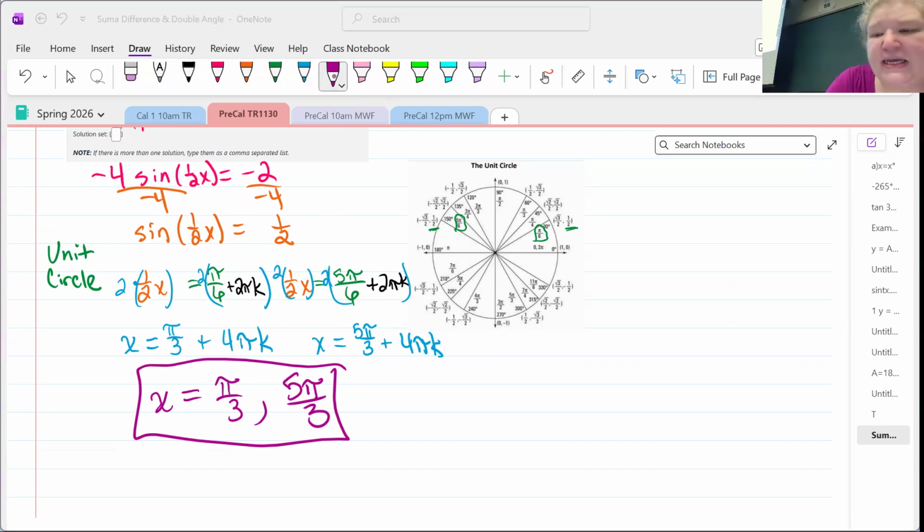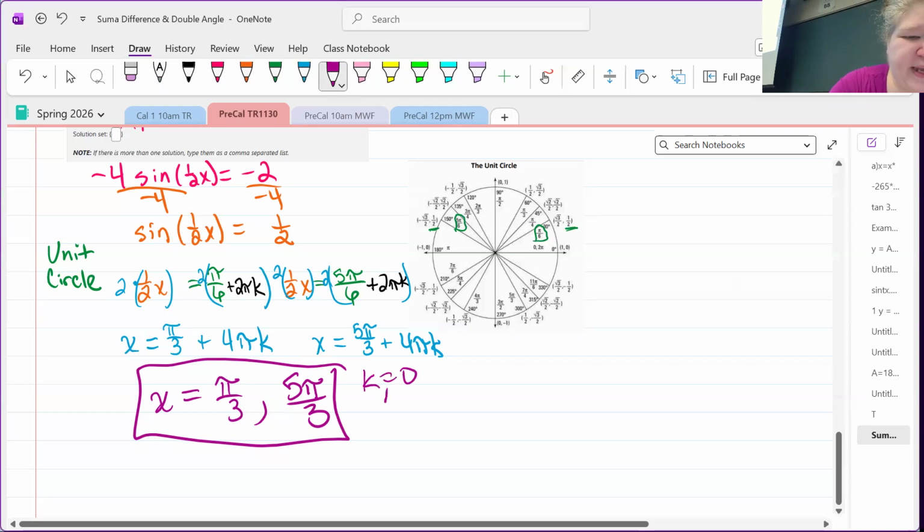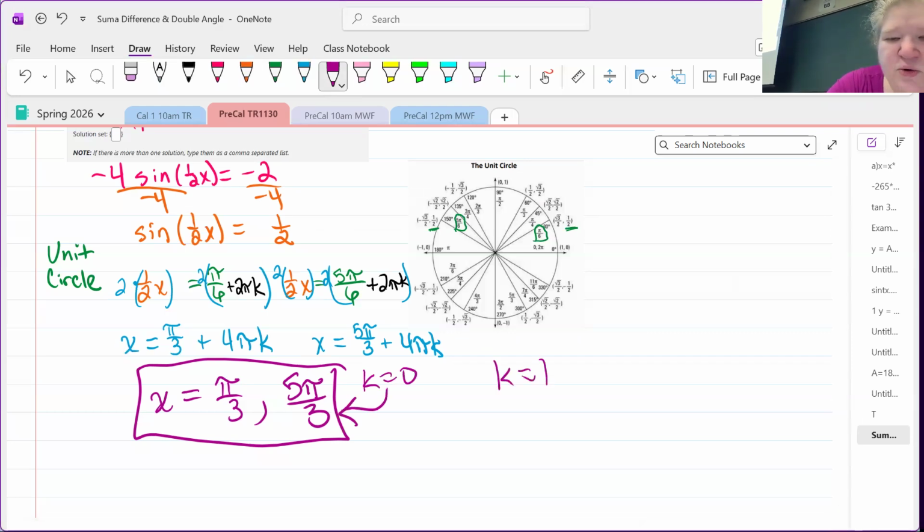So technically, this is the step when we would plug in the k numbers. So k equals 0 gives us these two numbers. K equals 1 is going to be too big. K equals -1 is going to be too small, which means it'll be negative results.